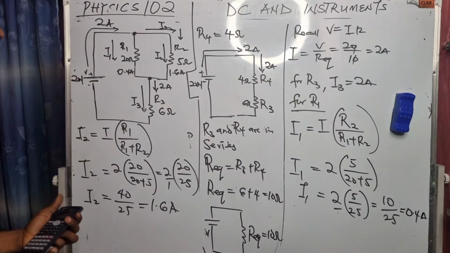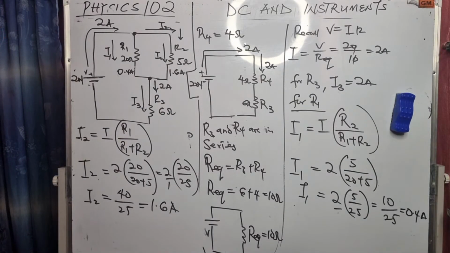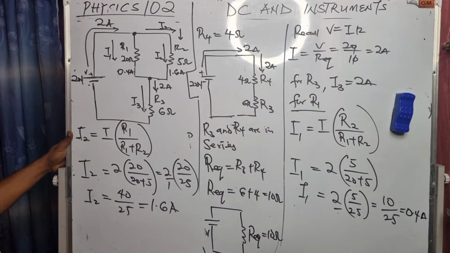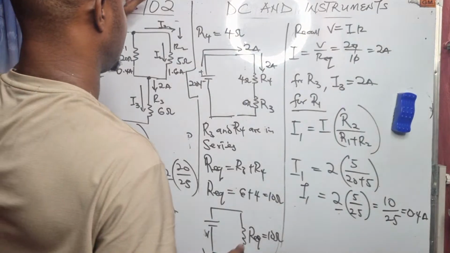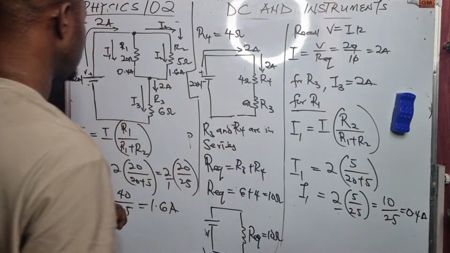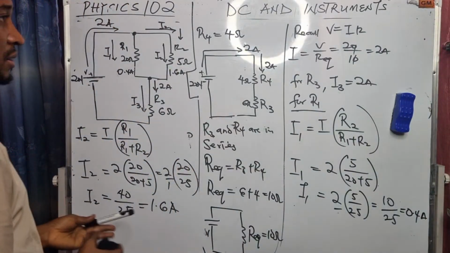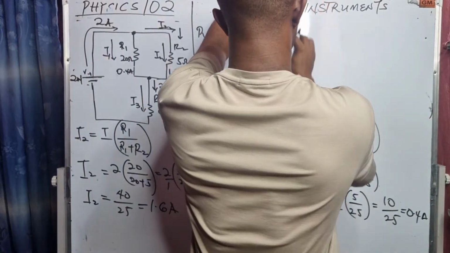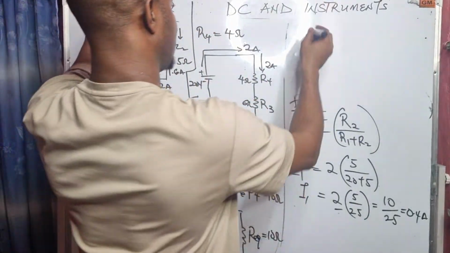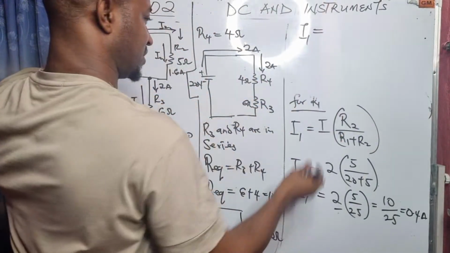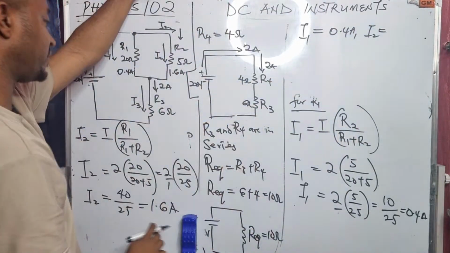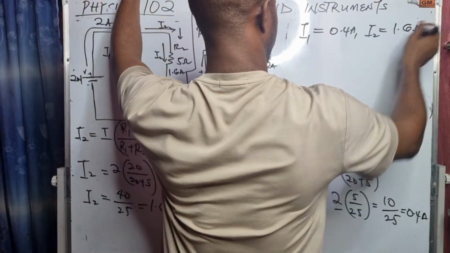Are you there? The next question says, calculate the power delivered by each resistor. Okay. Let's solve for the power by each resistor. Before we solve for it, let's indicate our values. Our I1, we have already solved as 0.4 ampere. Our I2, we solved as 1.6 ampere.